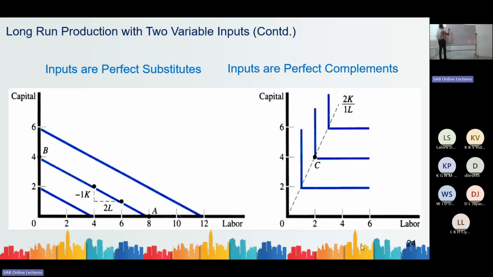Here also, to produce 1 kilogram of potato chips, we can use either 1 kilogram of local potato or 1 kilogram of imported potato or a combination.